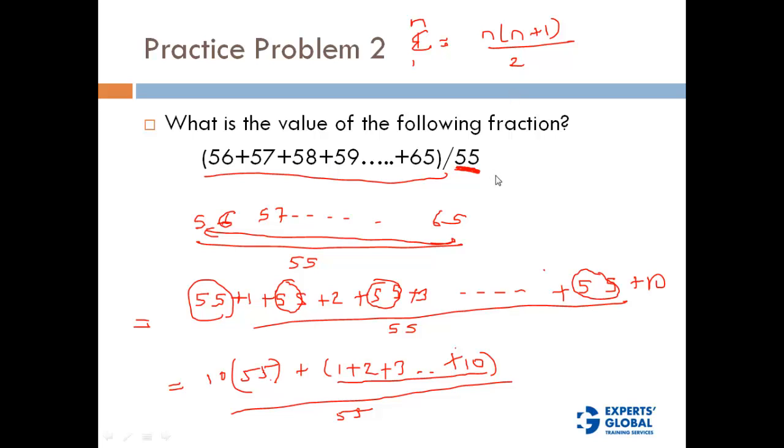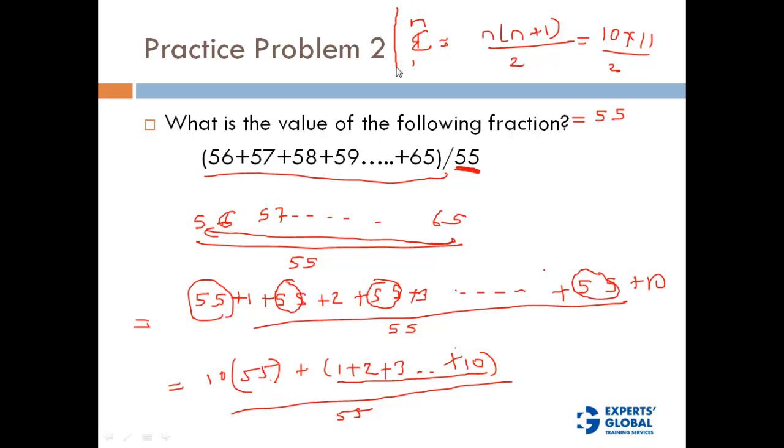This is a standard formula. Even if you don't know that, for this particular example you will be able to calculate the value. Here n is 10, so 10 into 11 divided by 2, which is equal to 55.